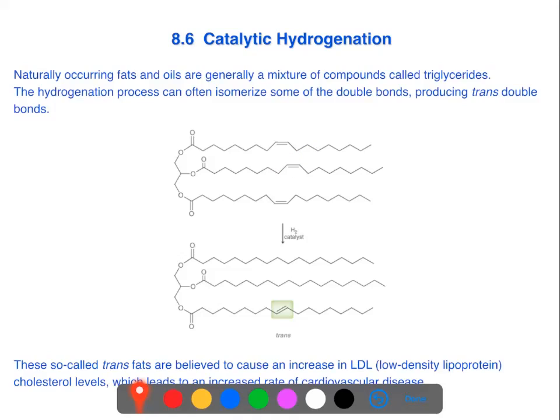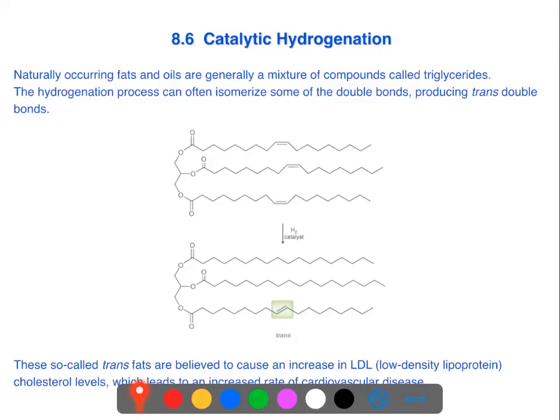Now, when we undergo a catalytic hydrogenation of these systems, it is possible that you don't get complete reaction. You don't get the reaction going to completion, meaning that although we will undergo hydrogenation of some of the tails in these fats, you can see in this example that what's left behind is a trans isomer in one of those chains.